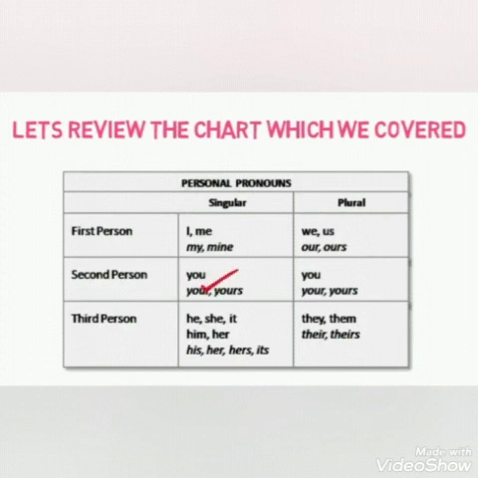You, your, yours are used for singular and plural form in the second person. He, she, it, him, her, his, hers, its are used for singular form in the third person. And they, them, their, theirs are used for the plural form in the third person.